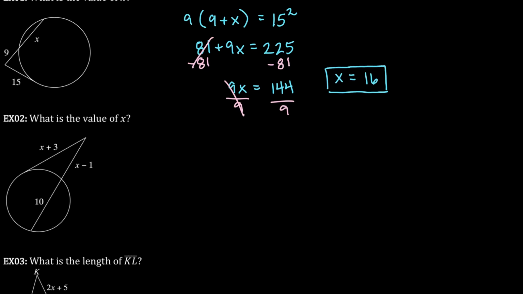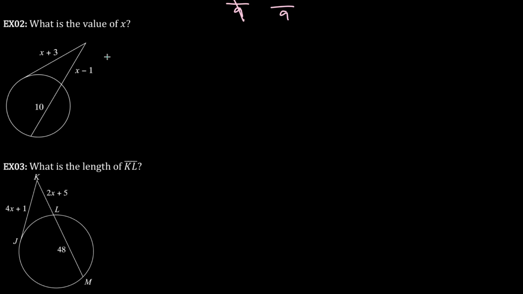Not too bad. Let's try this next one. So x's are going to be on both sides. So I'm just going to put it in a different color so that it doesn't get mixed up. x plus 3 to the second power equals x minus 1 times x minus 1 plus 10.